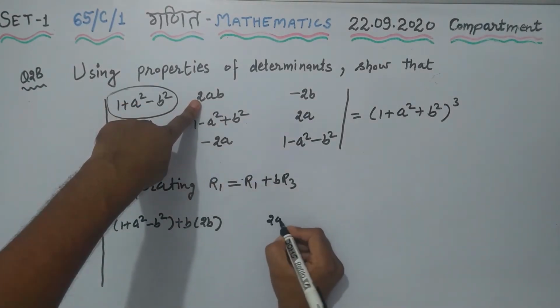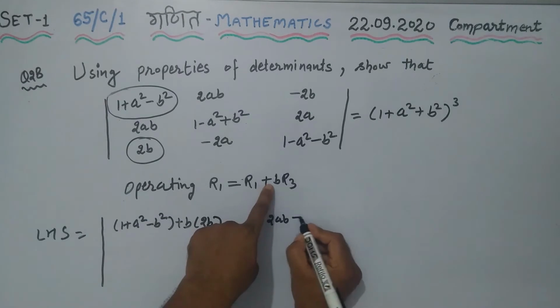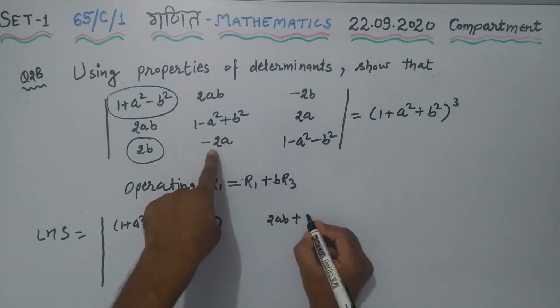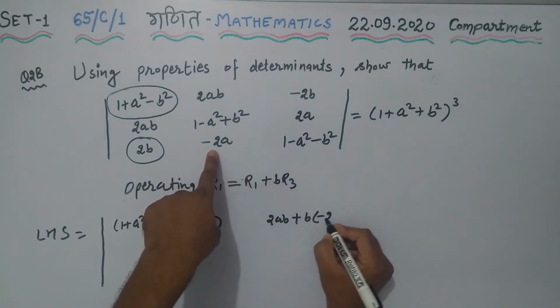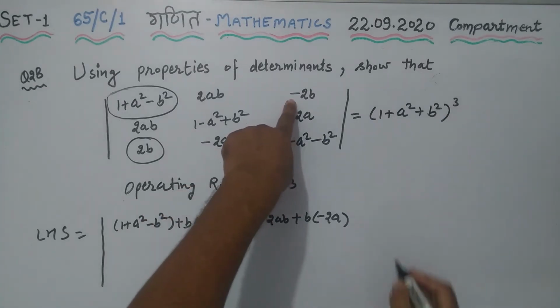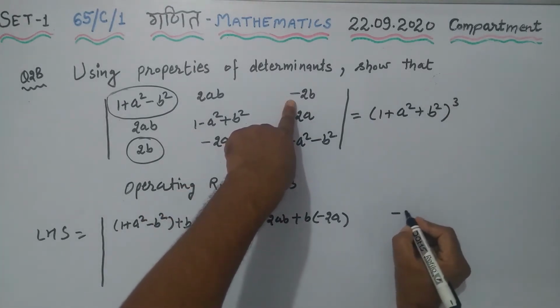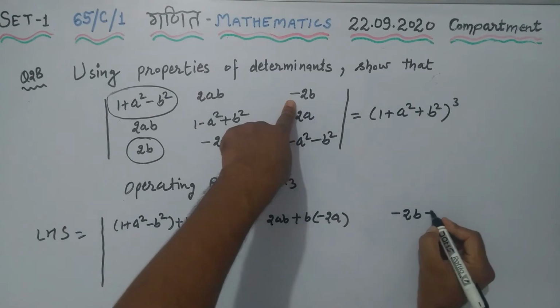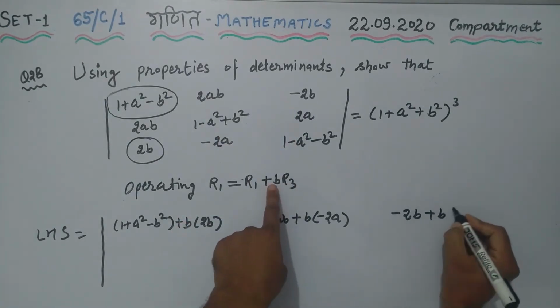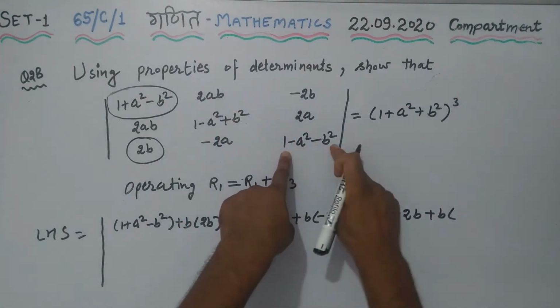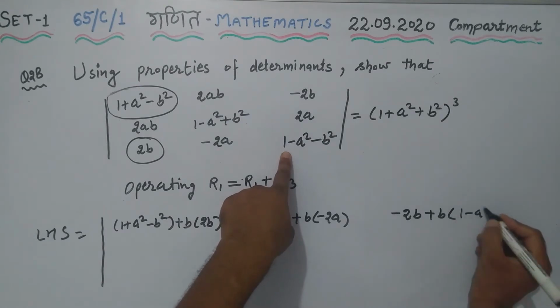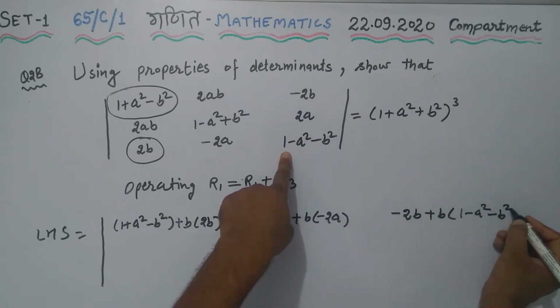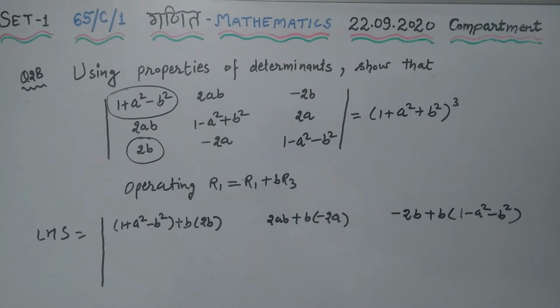This is 2ab plus b into R3. b into R3 is minus 2a. Here also we follow the same process. Minus 2b is here plus this b into R3 is 1 minus a square minus b square, right?